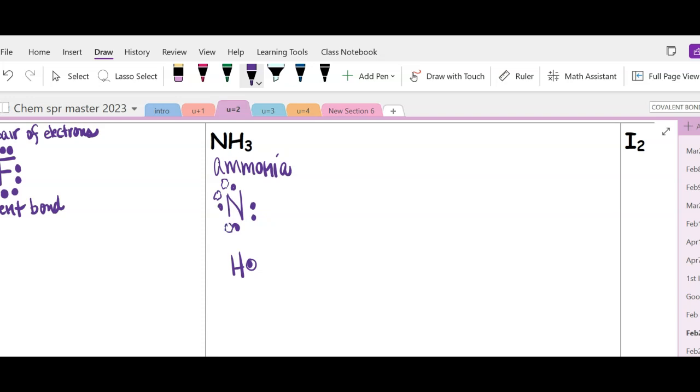So let's put nitrogen in the center. I will put 1 here, 2, 3, 4, 5, and we can see in each one of these places, nitrogen has a need for another atom. Since hydrogen has 1 to provide, that's what it will do.